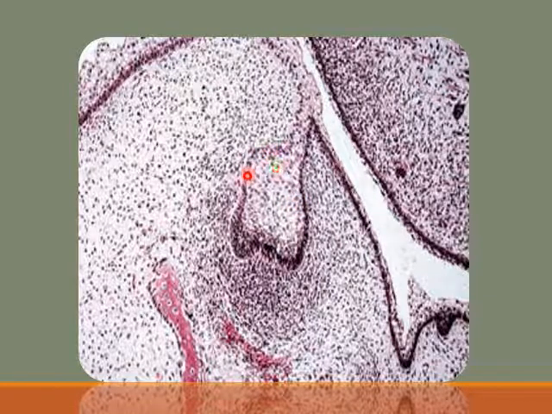The outer cell layer, present in the convexity of the enamel organ, is called the outer enamel epithelium, which is composed of cuboidal single cells attached to each other by desmosomes. This is the outer enamel epithelium.